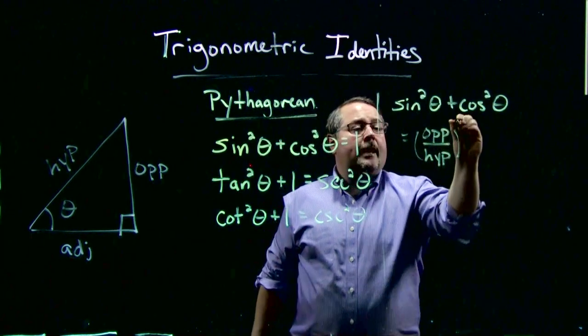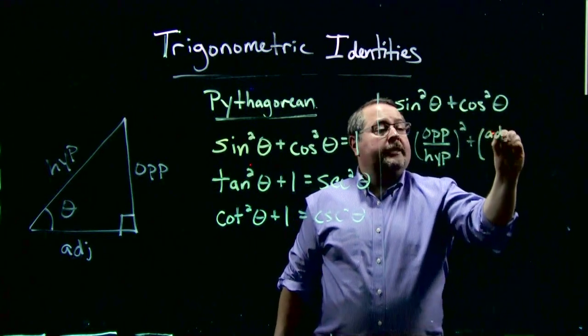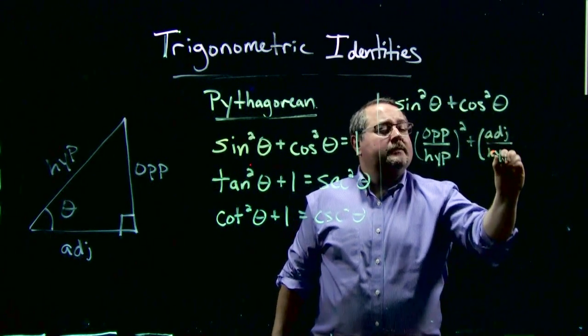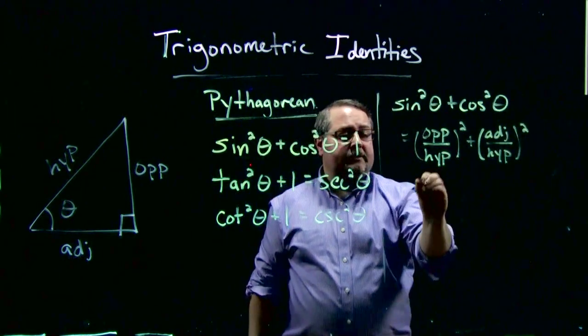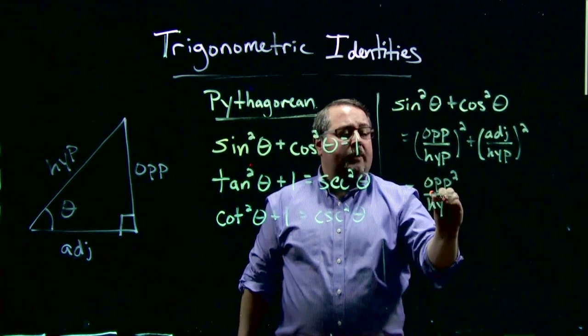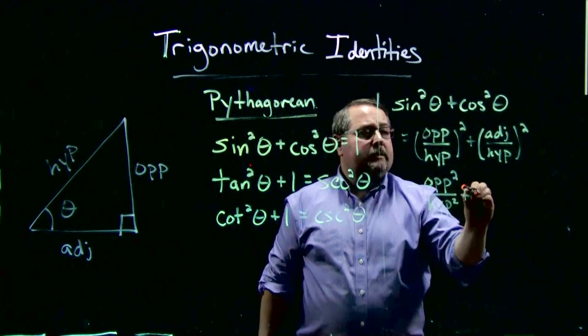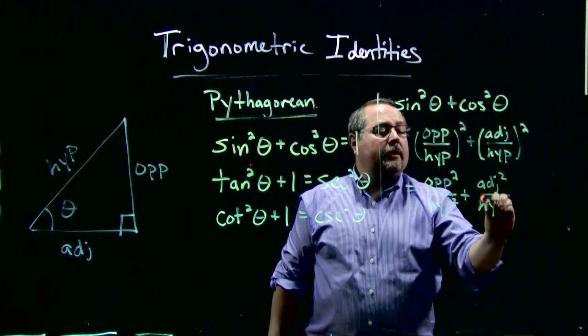Okay, so we're going to square that. Cosine squared theta is adjacent over hypotenuse squared. Okay, so that's going to give us opposite squared over hypotenuse squared plus adjacent squared over hypotenuse squared.